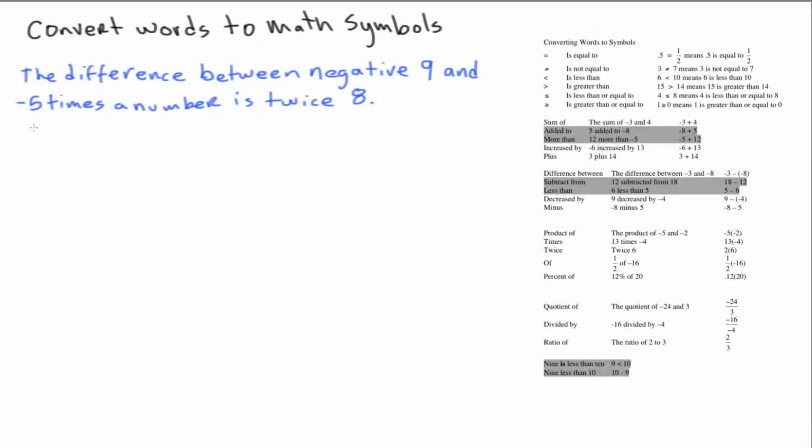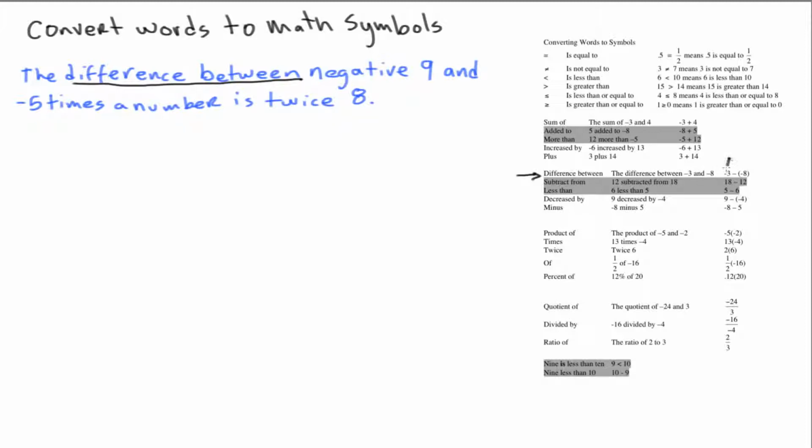Okay, so the next question is, the difference between -9 and -5 times a number is twice 8. All right, so the keyword here seems to be difference between. Let's look over here. Difference between. In this example, it says the difference between -3 and -8.